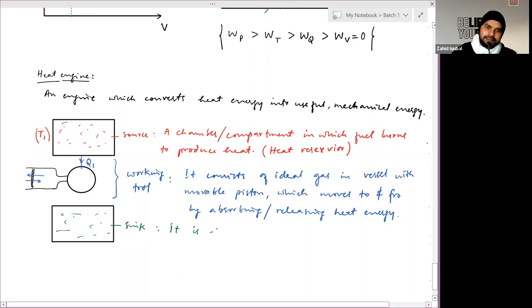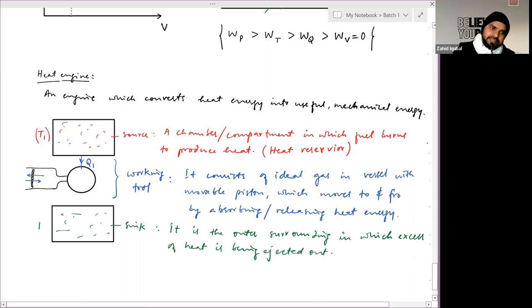It is the outer surrounding in which excess heat is being ejected out, having temperature T2. So let's say Q2 amount of heat is being ejected out, and the difference of these two terms is the amount of work done during this expansion and compression of gas.